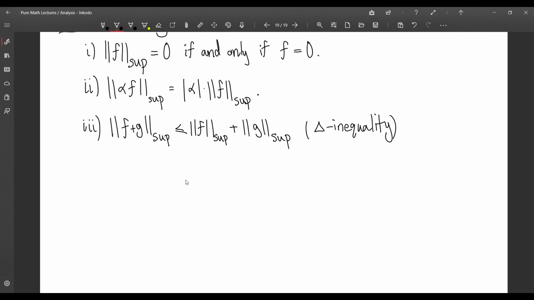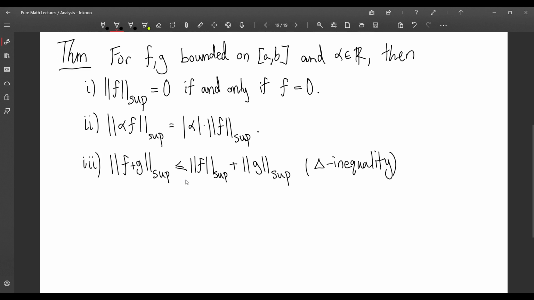And so I say this as a theorem. I'm not going to prove it. The first two claims are very simple to prove, and for the third one, you essentially just use the triangle inequality for real numbers, because f(x) plus g(x) is the sum of real numbers, so its absolute value is going to be less than or equal to the sum of the absolute values of f(x) and g(x) separately.